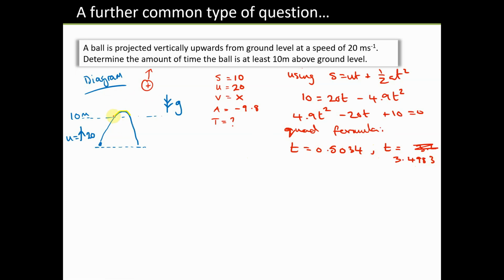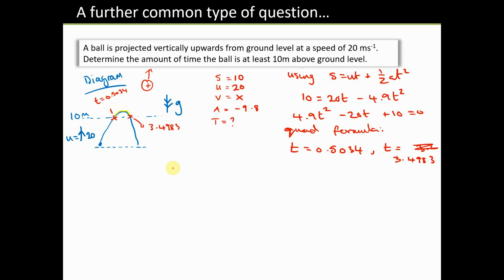Well, that means that at this point here, where it is 10 meters above the ground, that is my first value of time. And this here is my second value of time. So the time it's above that is the time between roughly 0.5 seconds and roughly 3.5 seconds.